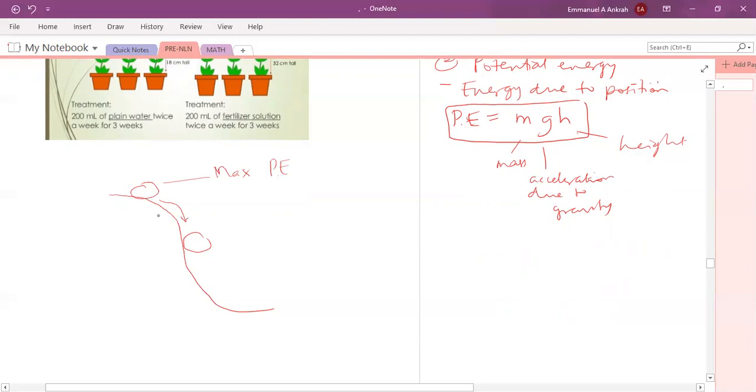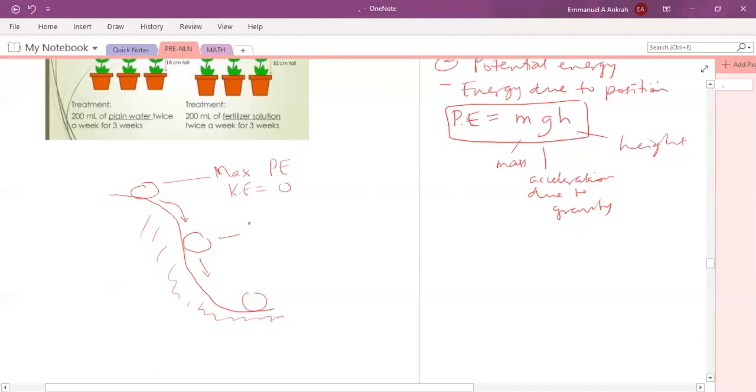So this is like ground level here. Here, the kinetic energy will be 0 when it's resting. As it begins to fall down or roll down the hill, energy can be changed from one form to another. You can't destroy energy, but you can convert from one form to another, right?